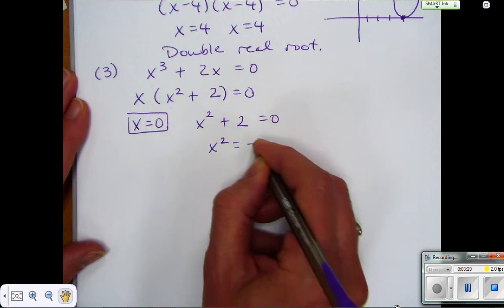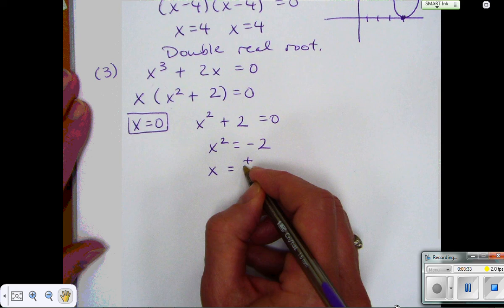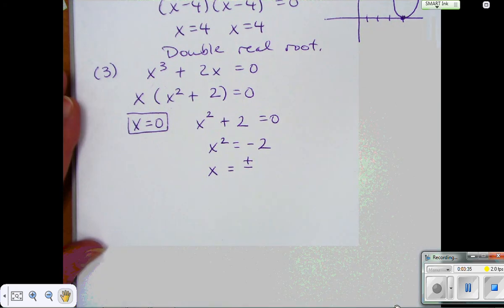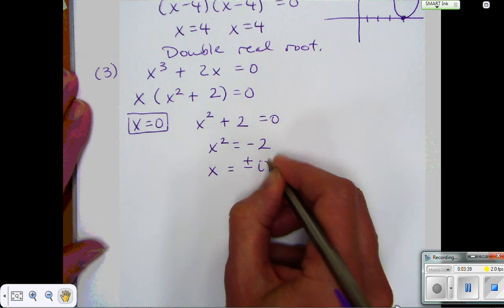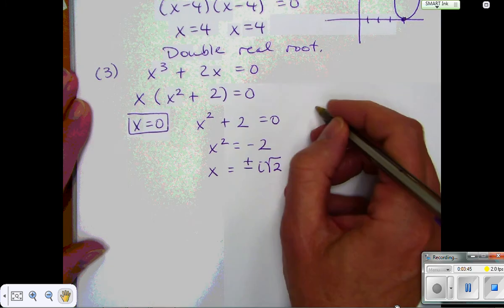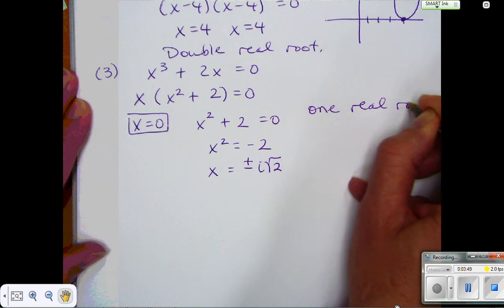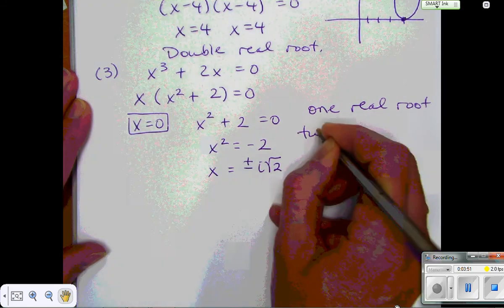So when I take the square root, x is going to equal plus or minus what? Radical 2, that's right. So that gives me 2 imaginary roots, because it's plus or minus. So my description would be 1 real root and 2 imaginary roots.